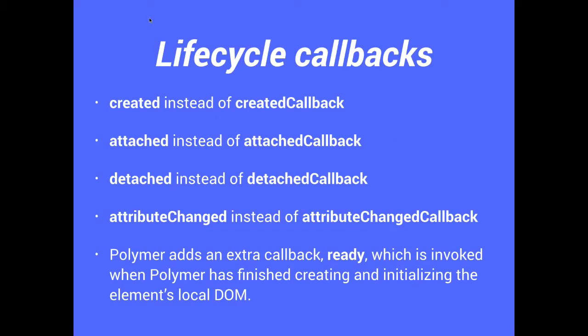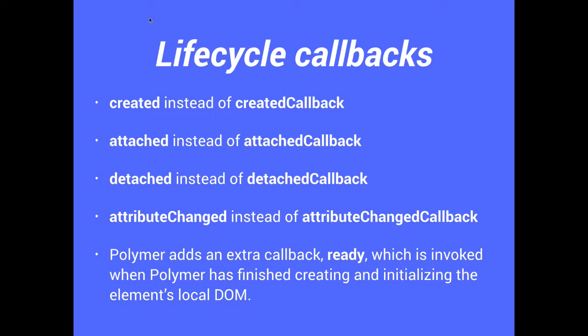So we have created instead of createdCallback, attached instead of attachedCallback, detached, and so on. There's just one more callback they have, which is called ready. We're going to talk more about it in the future.